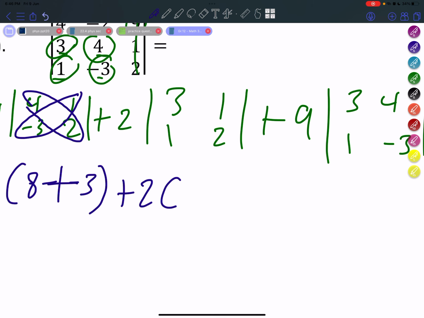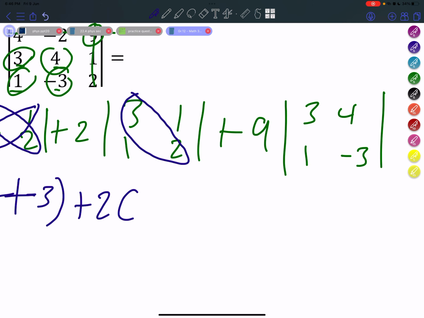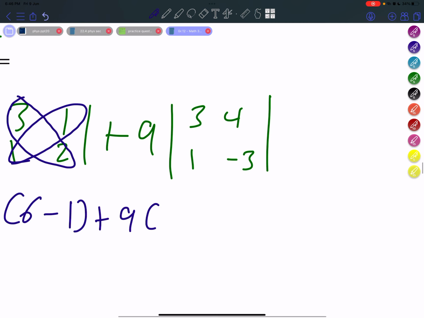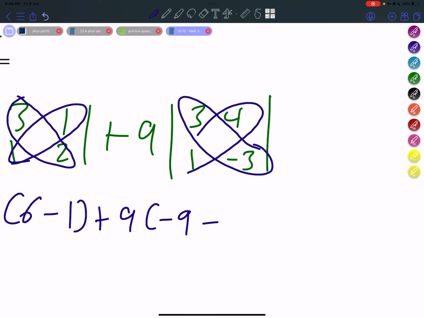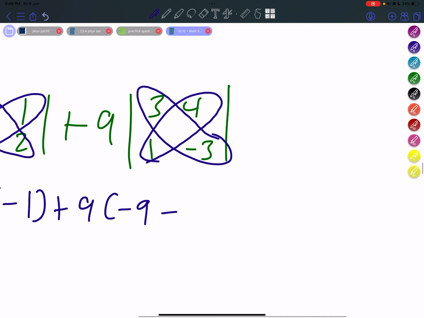Plus 2 times, again here, 3 times 2 will be 6, minus 1 times 1 will be 1. Plus 9 times 3 times negative 3, negative 9, minus 1 times 4 will give us 4, and negative 9 minus 4 will give us negative 13.